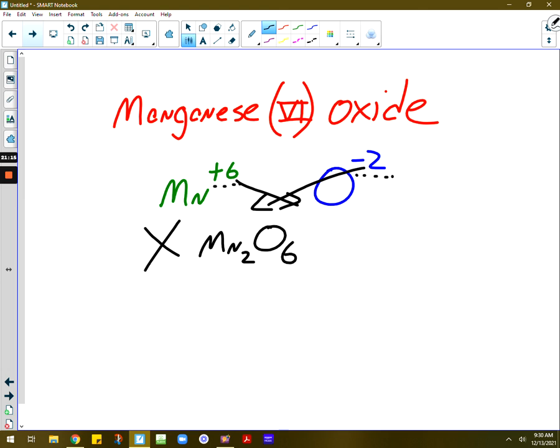I can reduce the ratio of 2 to 6 into 1 and 3. So it would just be Mn1O3. Now, if they don't give you the charge, you have to go look it up. But it's the same kind of deal.